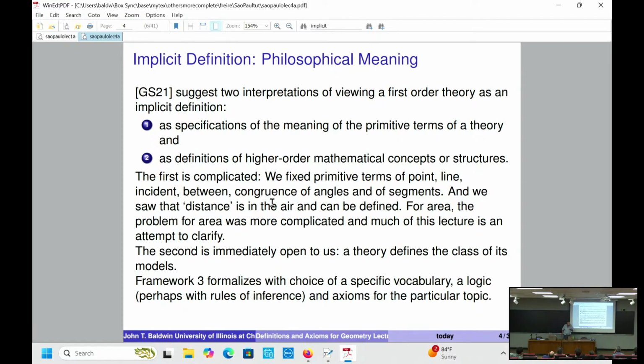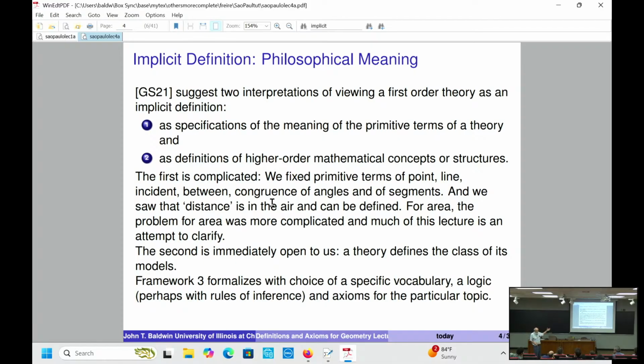They have a fairly recent paper about the distinction between the notions of implicit and explicit, and in particular thinking of whether you have a specification of the meanings of the primitive terms, and then there's a lot of exegetical work here about what people have thought about this over time.